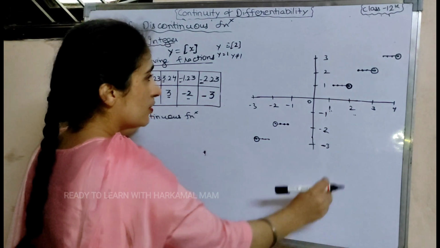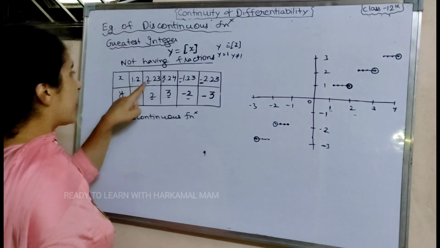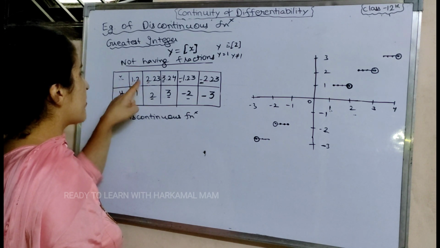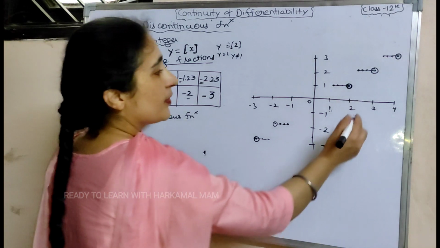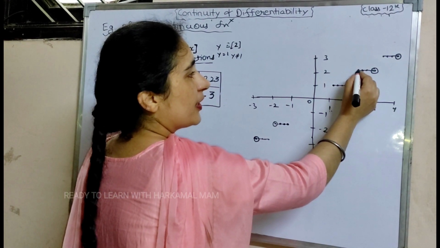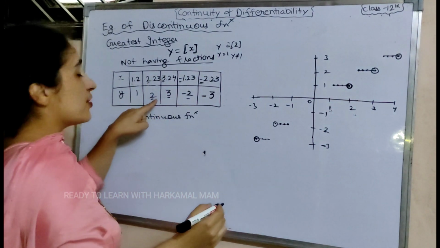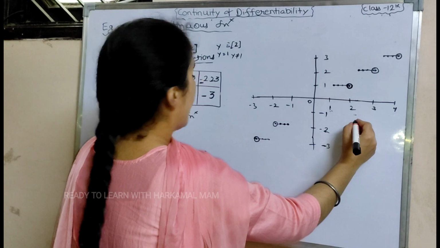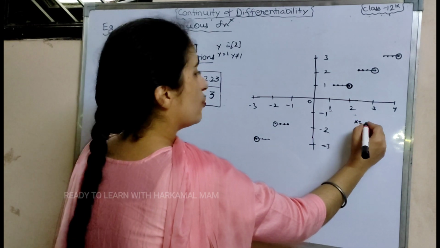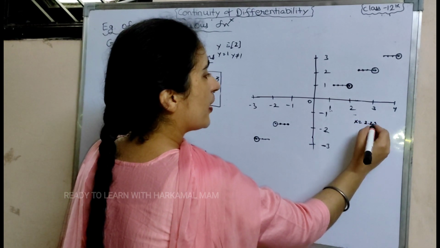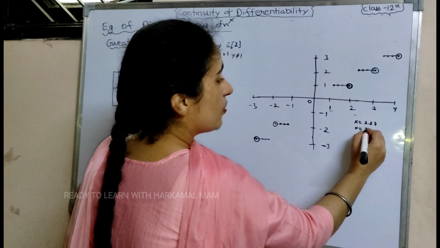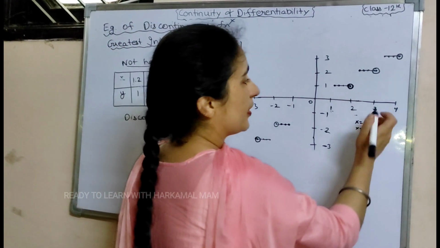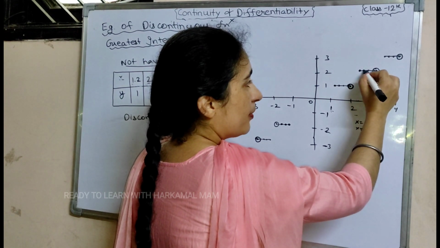Similarly, when we have taken x is equal to 2.23, here it is, the value of y is 2, right? Value of y is 2 when we take x is equal to 2.23. If we take x is equal to 2.3, it may be any point in between.